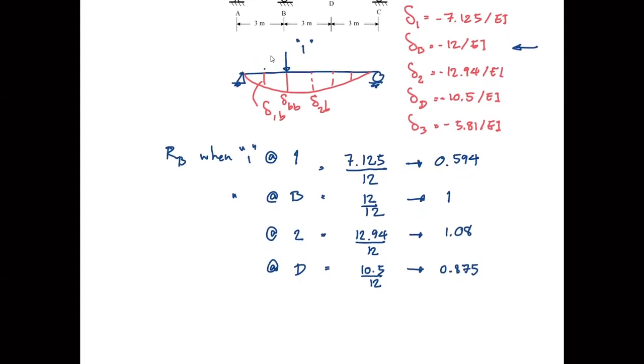And when it's at 3, it becomes 5.81 over 12, that's 0.484. So these are the ordinates of your influence line.